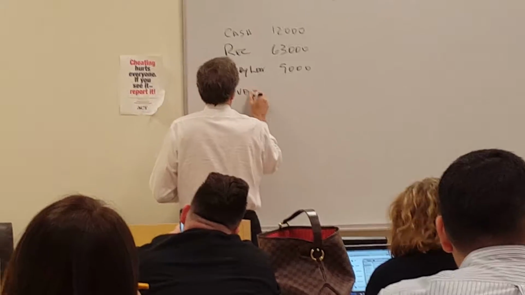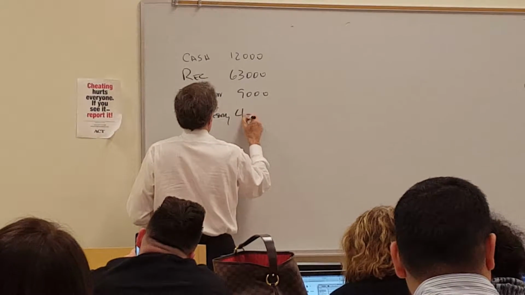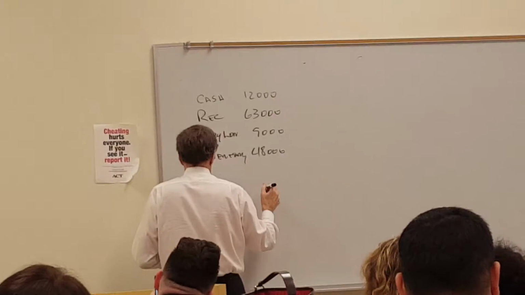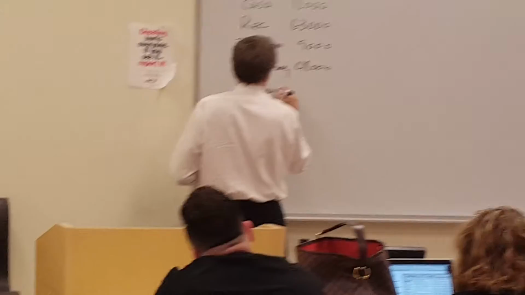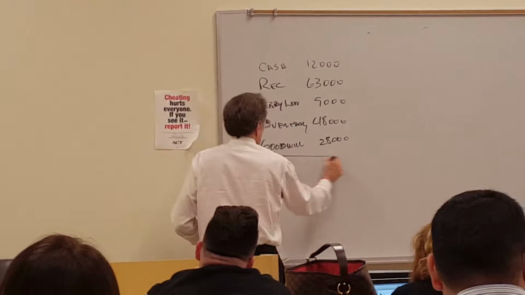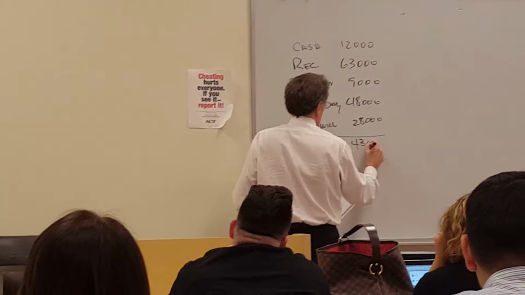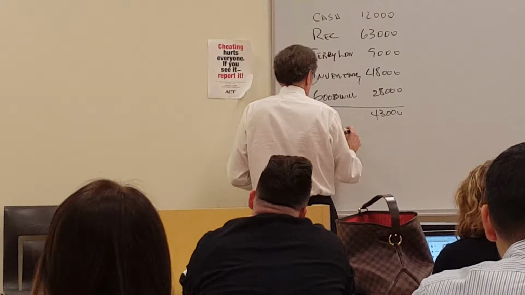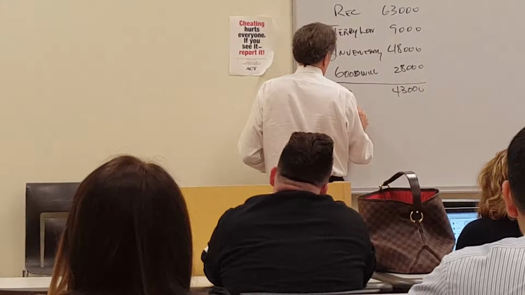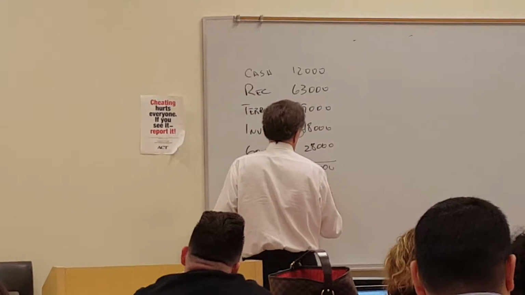Inventory, we have $48,000. And goodwill, $28,000. On the other side, on the liability side, we have accounts payable of $43,000 and a loan from a partner. Connie loaned us $15,000.